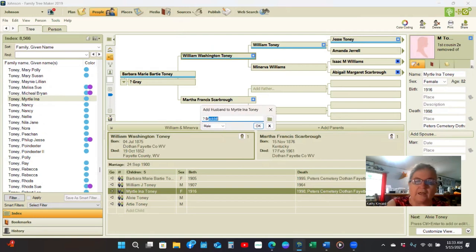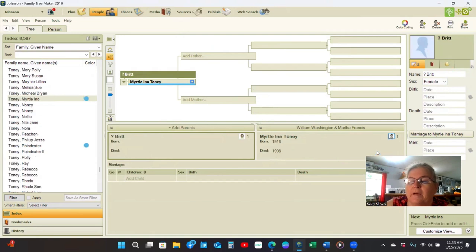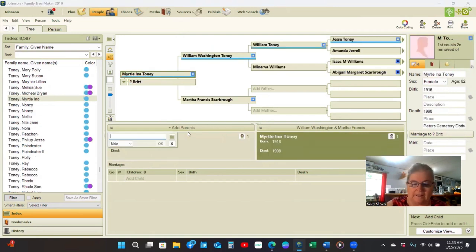The first one was a Brit. Not Britain. I hate auto spell. Like you don't know what you're spelling. Okay, then you go over here to her name, pick this, and then add a spouse. And his last name was Root.